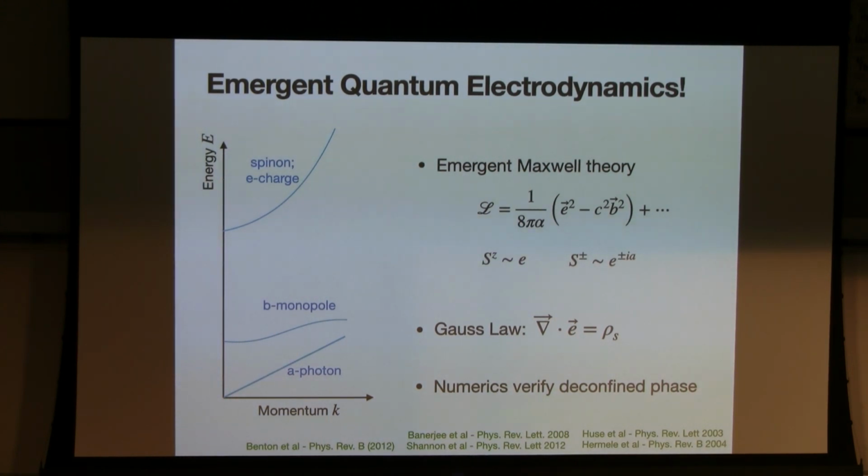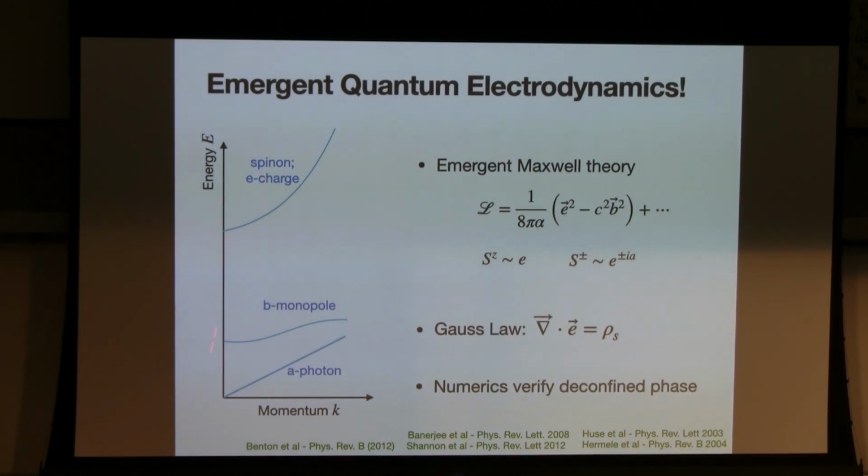So I'm going to be extremely pedantic and tell you that this excitation, which is a linearly dispersing, transversely polarized vector-like mode, is a little a photon, and little means it's the emergent field. It's actually some kind of spin wave. It's a transverse kind of ring exchange like spin wave, okay? This up here, the thing which is charged and coupled to this photon is the spinon. It was the excitation in the classical spin ice because it's the thing that actually sources the electric field, okay?